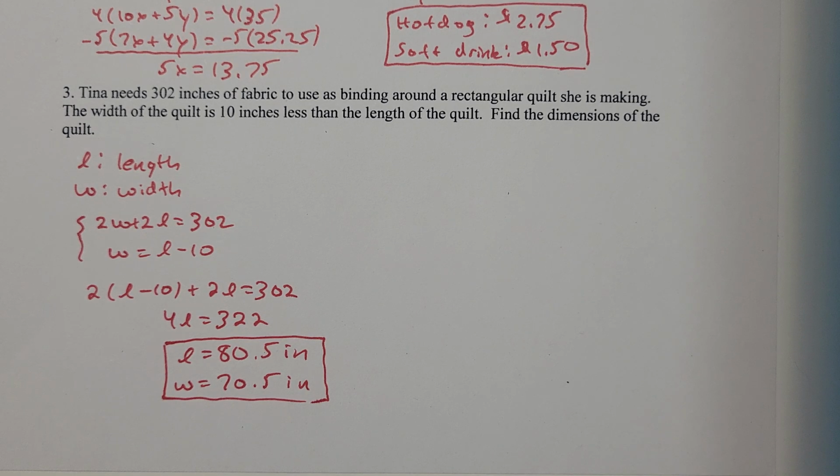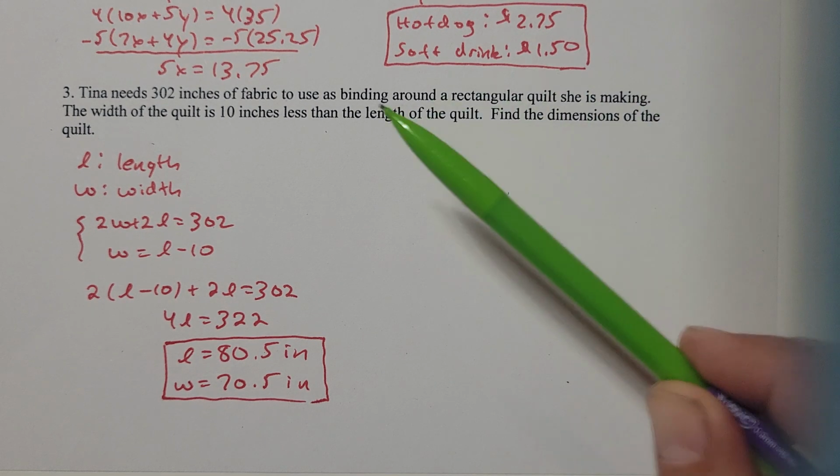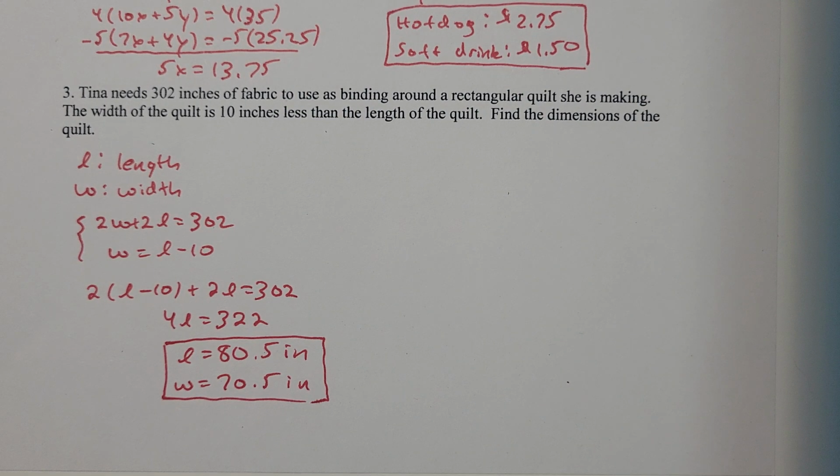So I'm going to let L be the length and W be the width. She has 302 inches of fabric to use as binding around a rectangular quilt. In a way, they're telling me the distance around a rectangle is 302. The perimeter of a rectangle is 302.